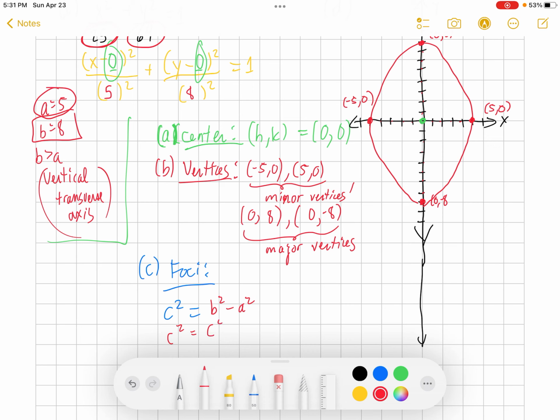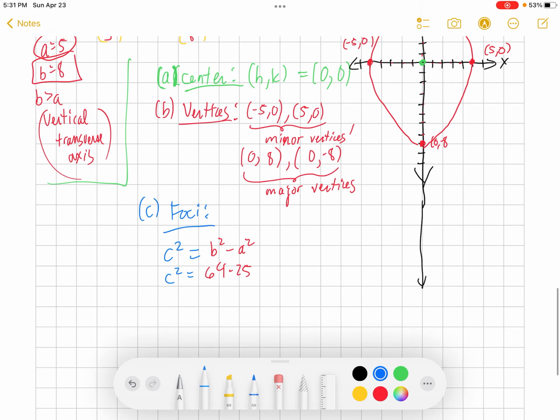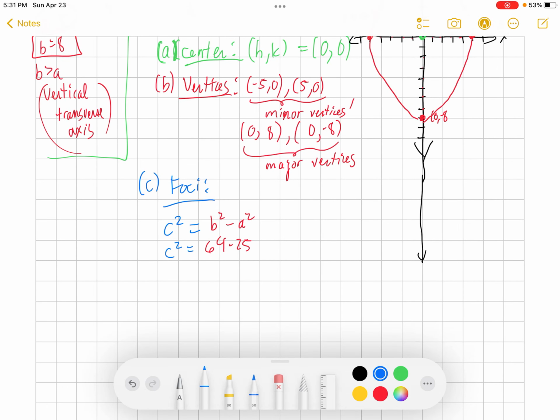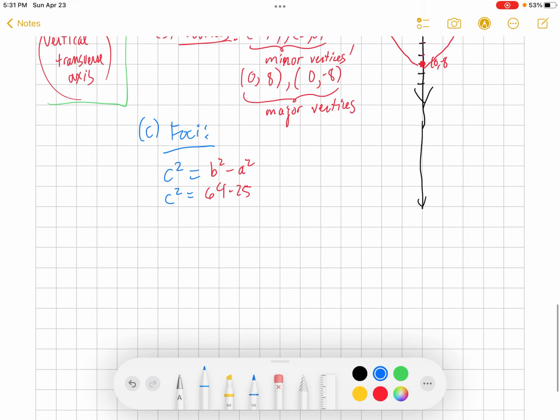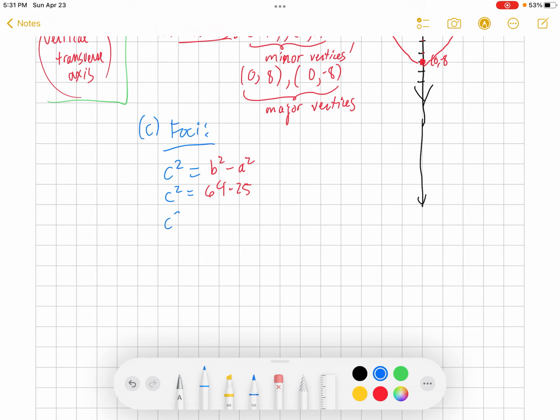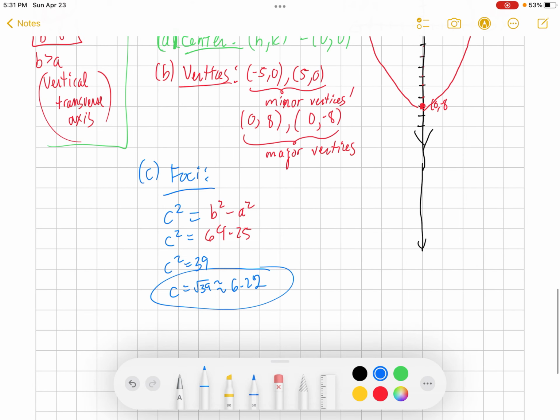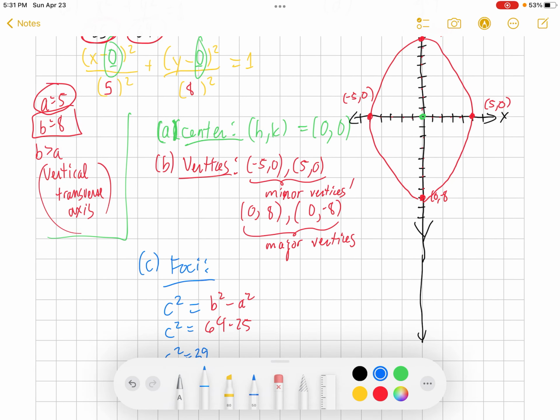You're taking 64 minus 25, and what is that exactly? I think it's 39, yeah. c squared is 39, so I have to take the square root of 39. I'm going to estimate that to two decimal places, 6.24.